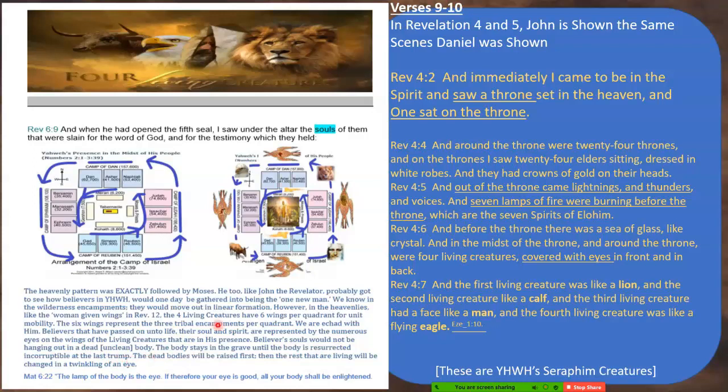Until then, these souls are kept under his wings, because souls need a body of some sort. They need a way, the soul needs something to exist in. So we know the dead bodies of believers will be raised first because they've been awaiting their bodies the longest, and then the rest that are living will be changed in a twinkle of an eye.